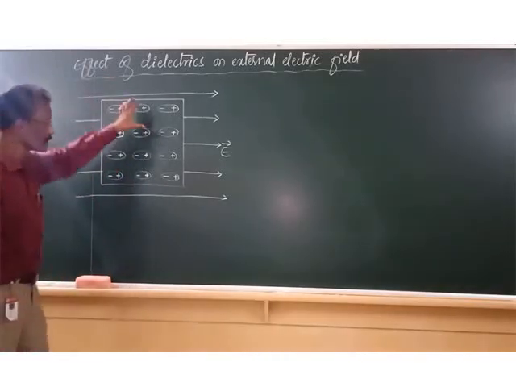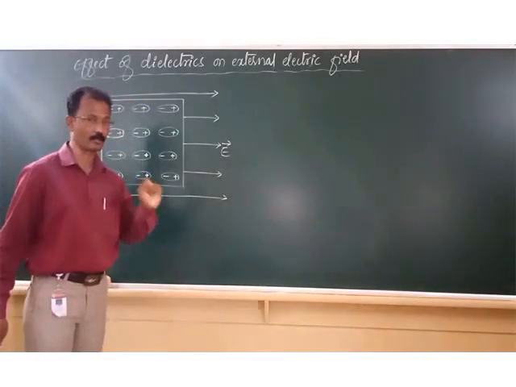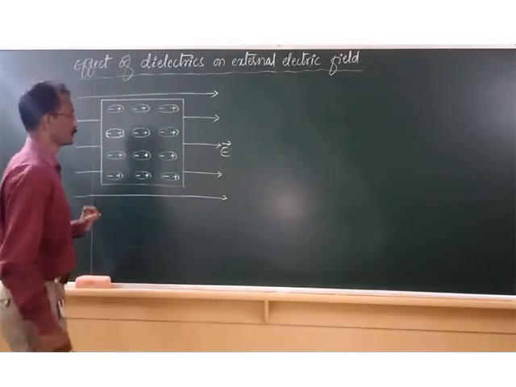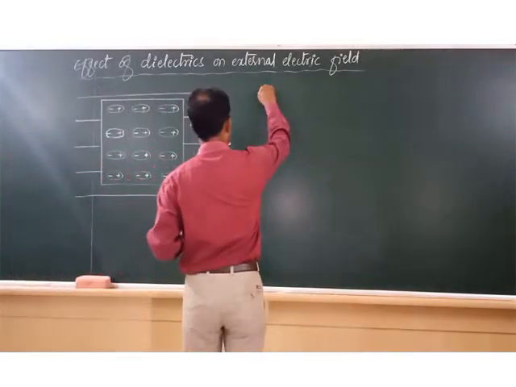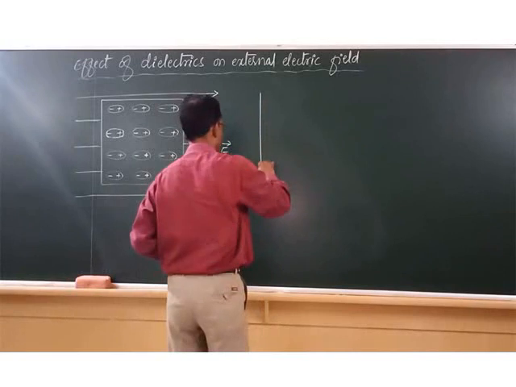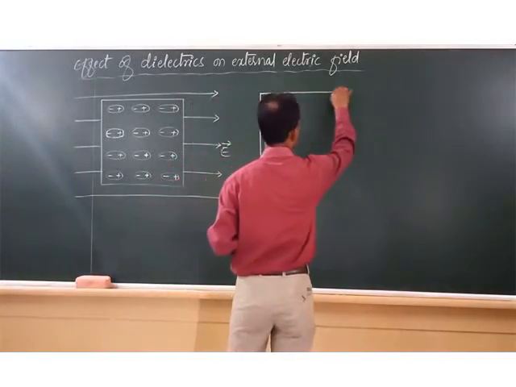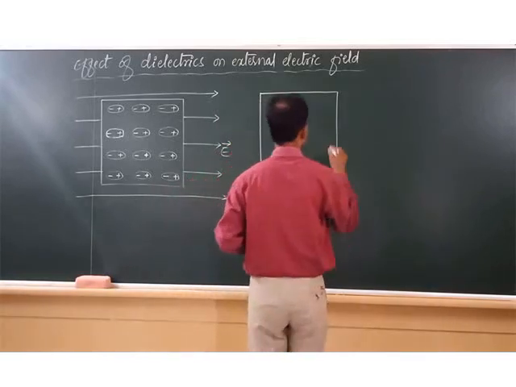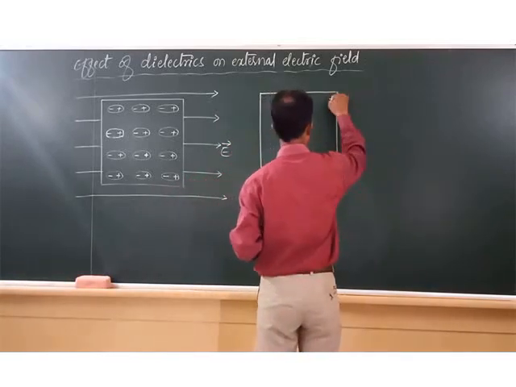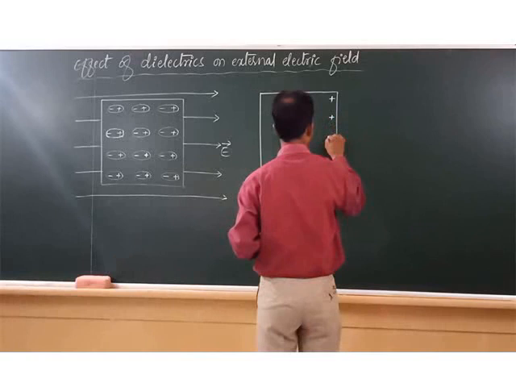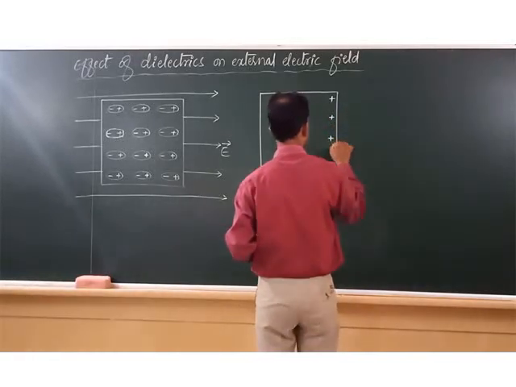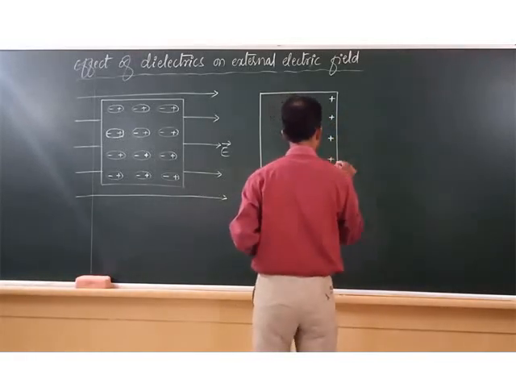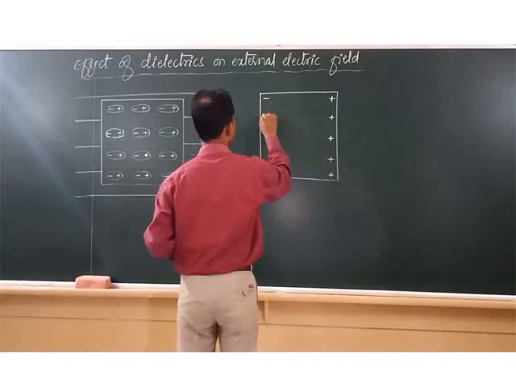In the polarized dielectrics, all the positive charges are produced at one end of the slab and an equal negative charge is produced at the other end of the slab.